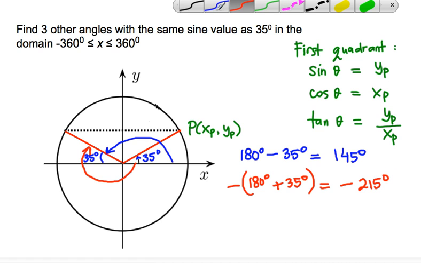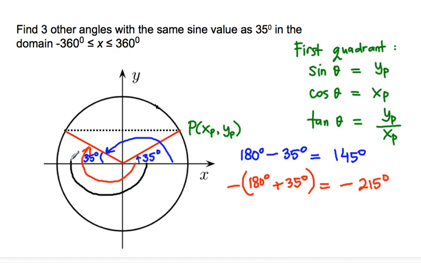The last angle that we can actually draw from here with the same sine value as 35 degrees ends at this terminal line over here. The angle size starts from the x positive axis and goes all the way to this terminal line. It's almost one round, 360 minus 35 degrees.